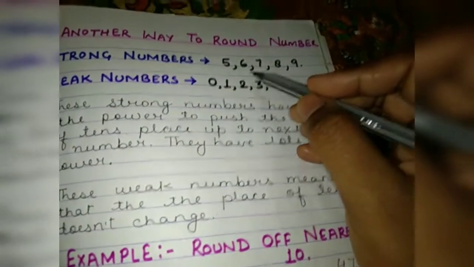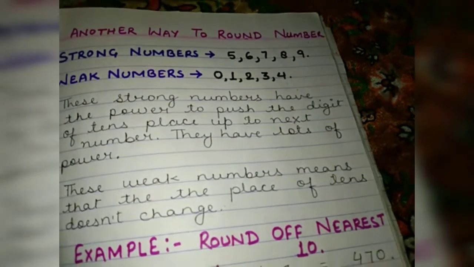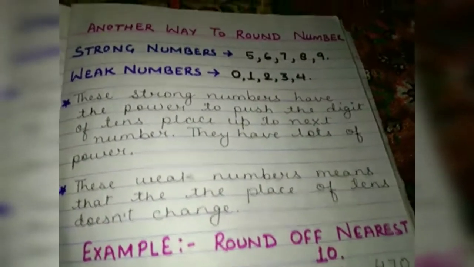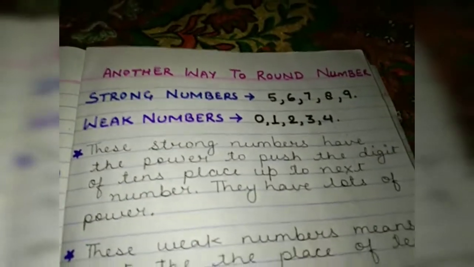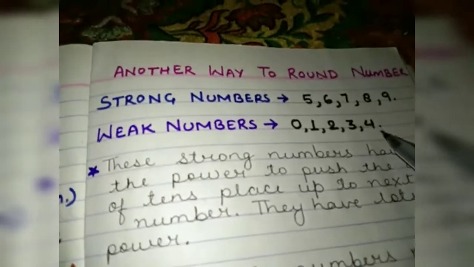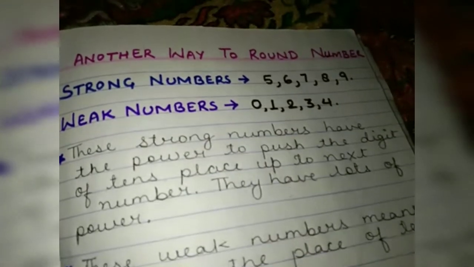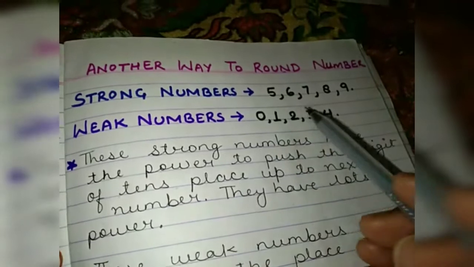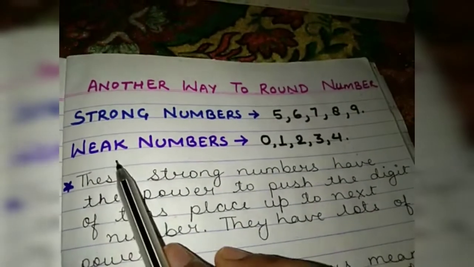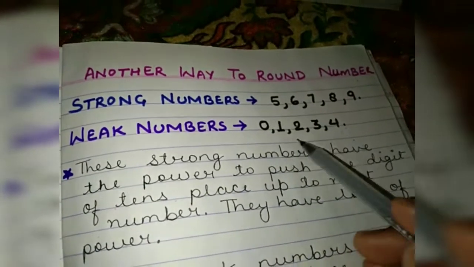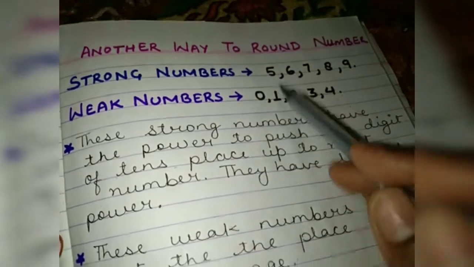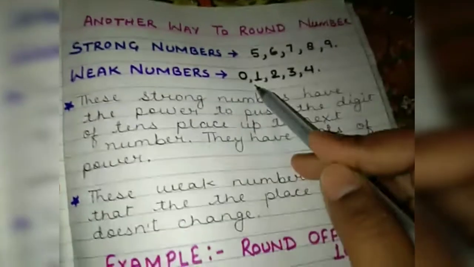Strong numbers are 5, 6, 7, 8 and 9, and weak numbers are 0, 1, 2, 3 and 4. Now we will see what we will do with these strong and weak numbers.